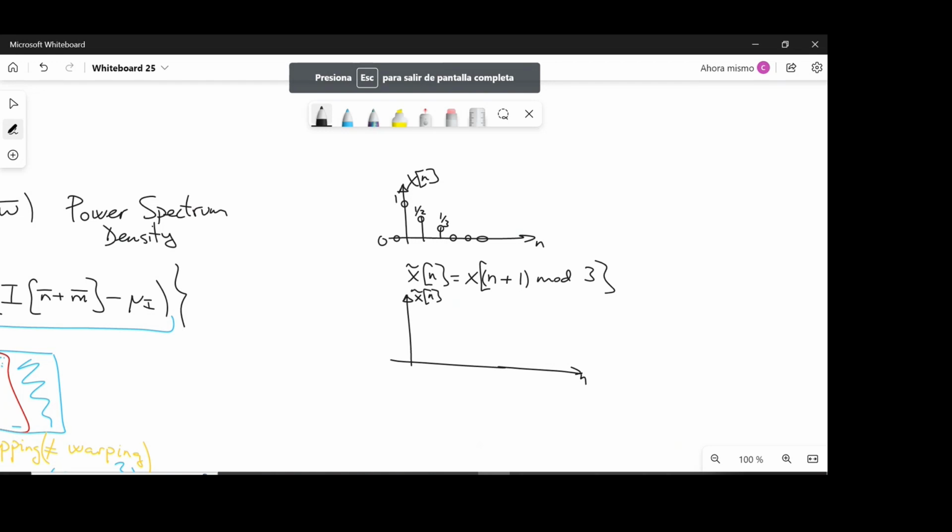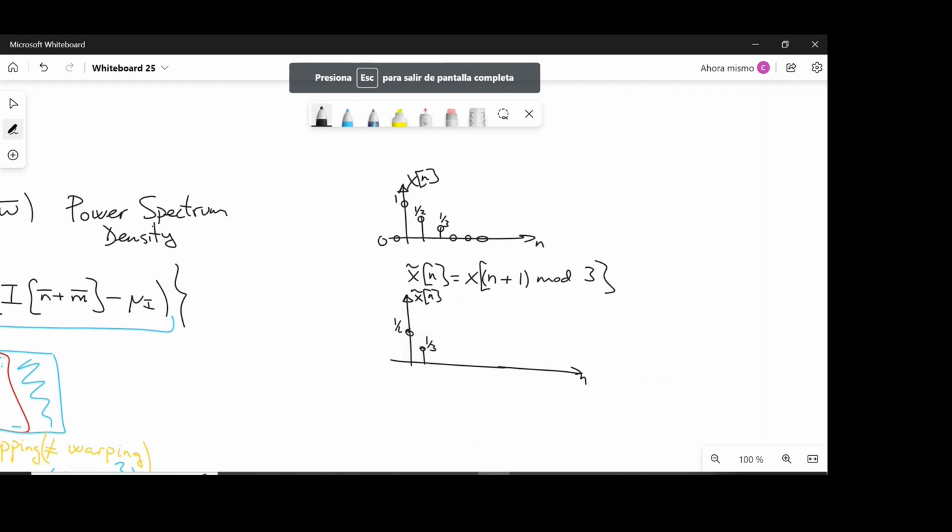Okay, so x tilde of 0 is x at 1. Okay, so this will be 1/2. X tilde of 1 will be x of 2. So that will be 1/3.